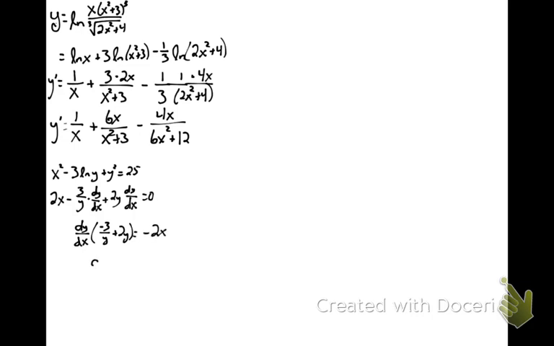And when I divide to solve for dy/dx, we would have 2x over 3 over y minus 2y. I divided the negative 1 out.